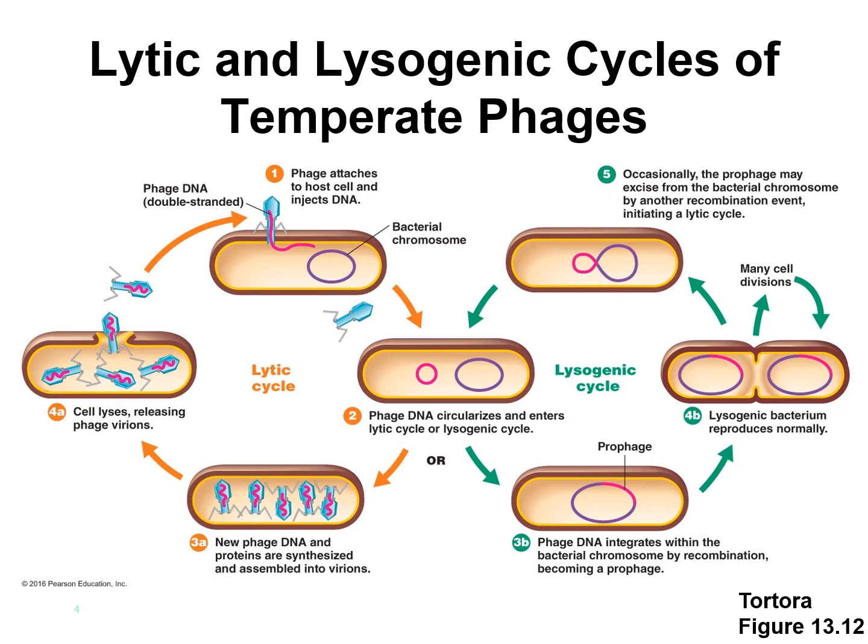So the prophage is the viral DNA. And then the bacterial cell is now called the lysogen. So the lysogen is just the bacterial cell with the viral DNA inside of it.